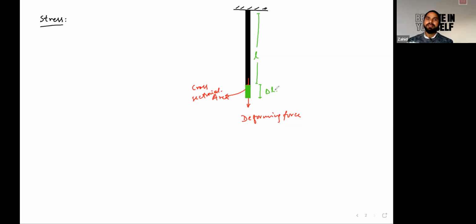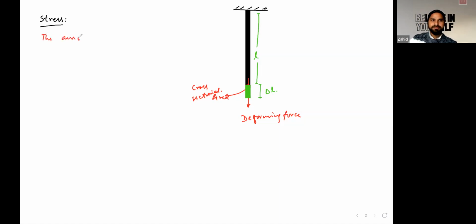So we can calculate this deformation by a physical quantity that is called strain. So strain basically defines the amount of deformation produced in a body on application of stress on it.